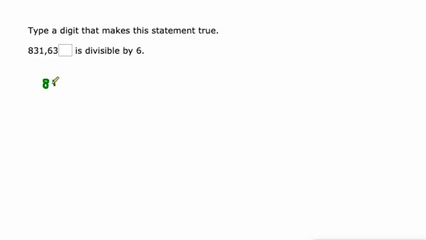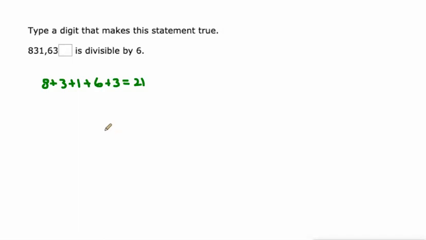8 plus 3 is 11, plus 1 is 12, plus 6 is 18, plus 3 is 21. Let me check my math real quick. 8 plus 3 plus 1 plus 6 plus 3.